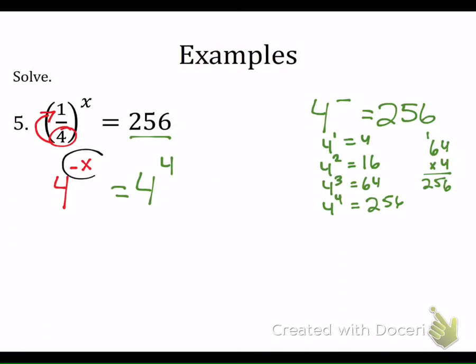All right. So now I can put these equal, right? So negative x equals 4.